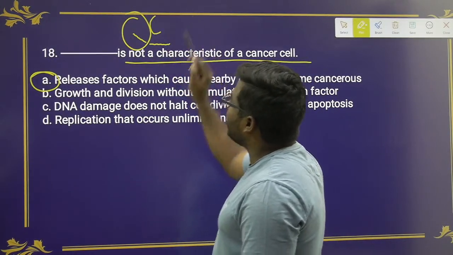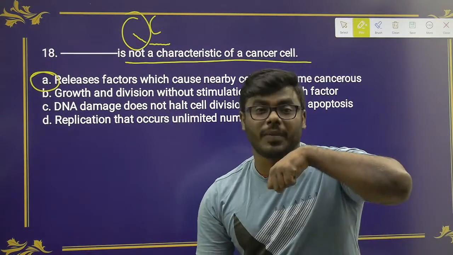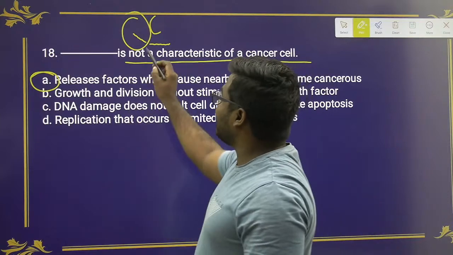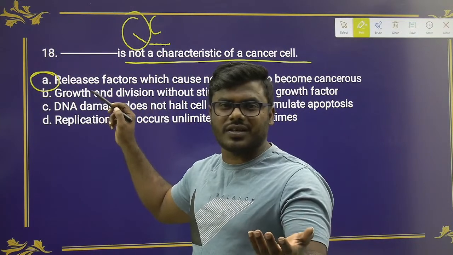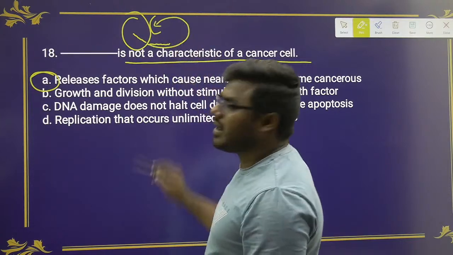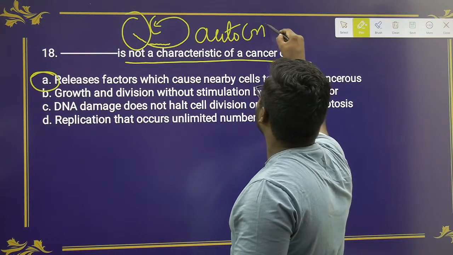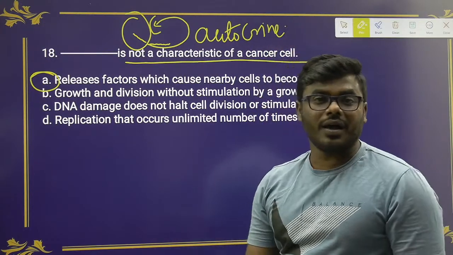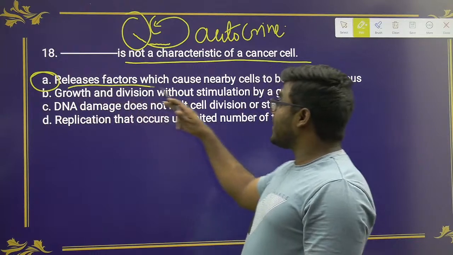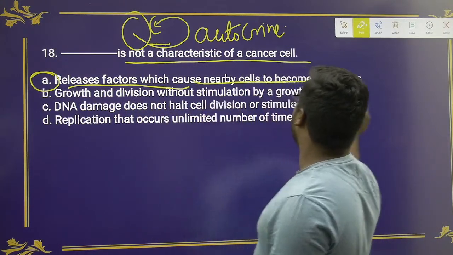Whatever factors are released by the cancer cell will come and attach to the same cell. That is what we call autocrine signaling. Correct? Whatever factors are released by the cancer cell, it never allows the adjacent cell to become cancerous.